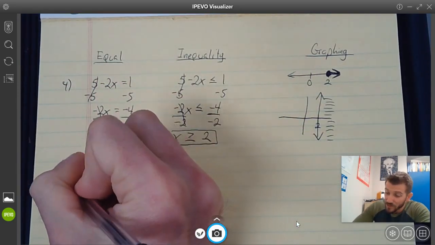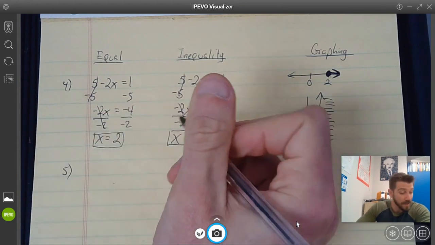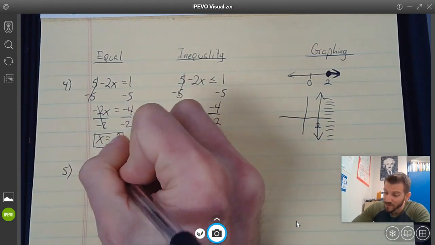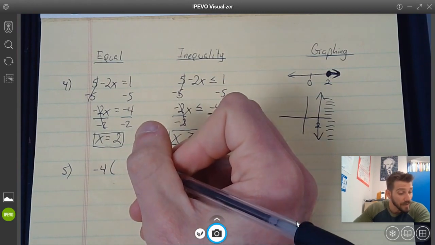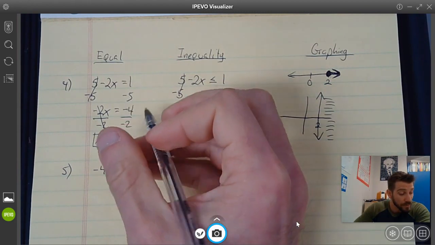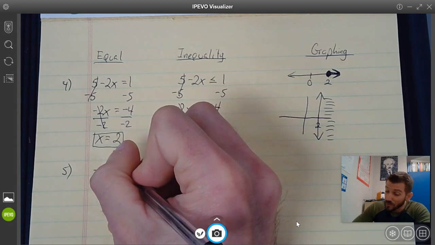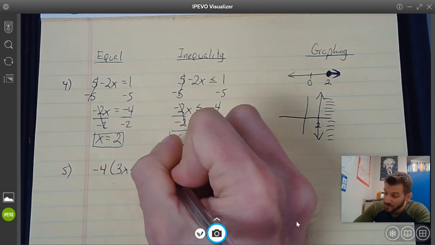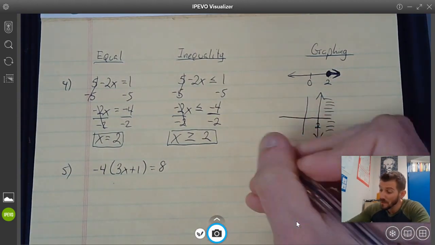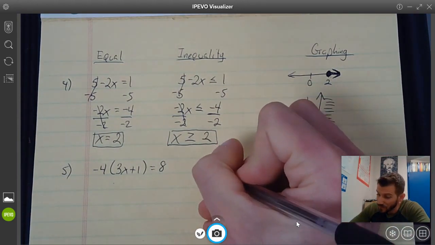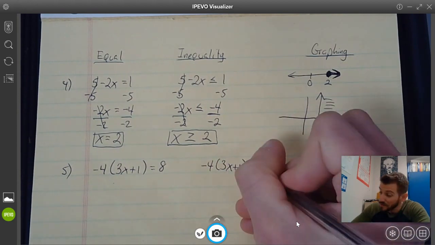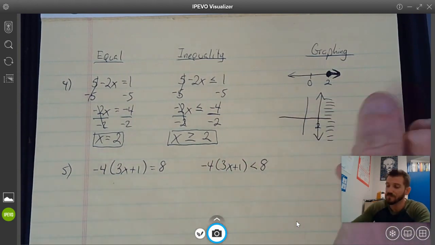All right, so the next one, let's go ahead and jump into number 5. We're kind of increasing the difficulty now. Number 5, we got negative 4 going into 3x plus 1 equals 8. Comparing it to negative 4 parentheses, 3x plus 1 is less than 8.